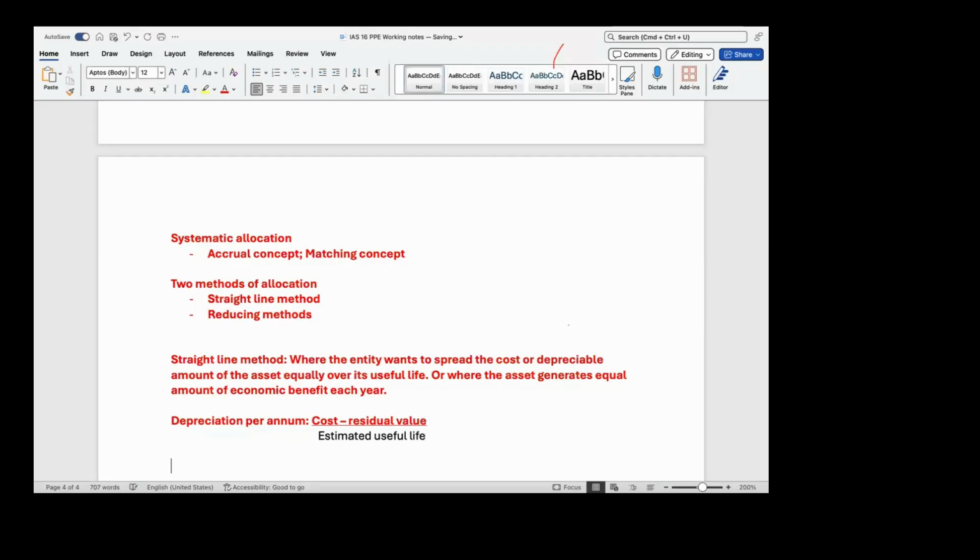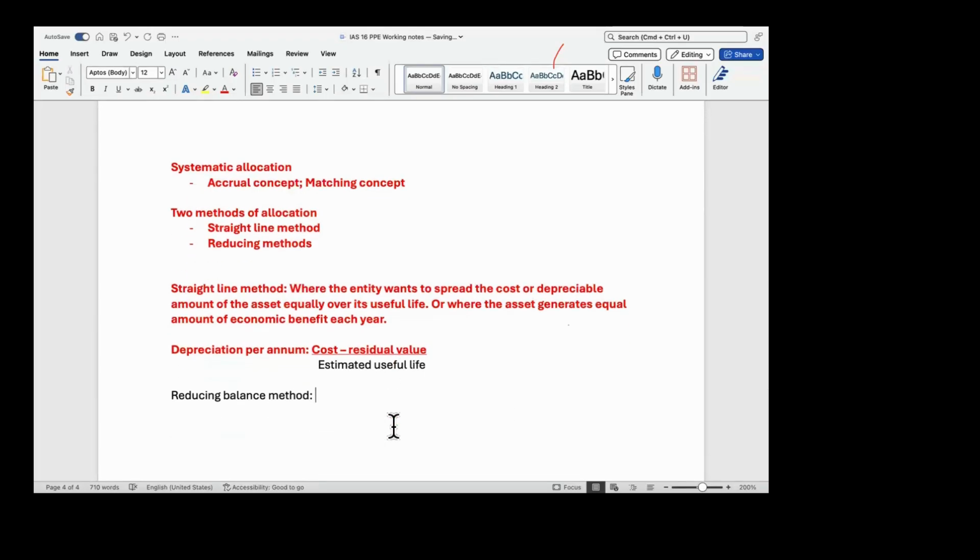But you see this reducing balance method. This reducing balance method is used where the assets generate higher amounts of economic benefits in its earlier years and lower amounts of economic benefits in its later years.